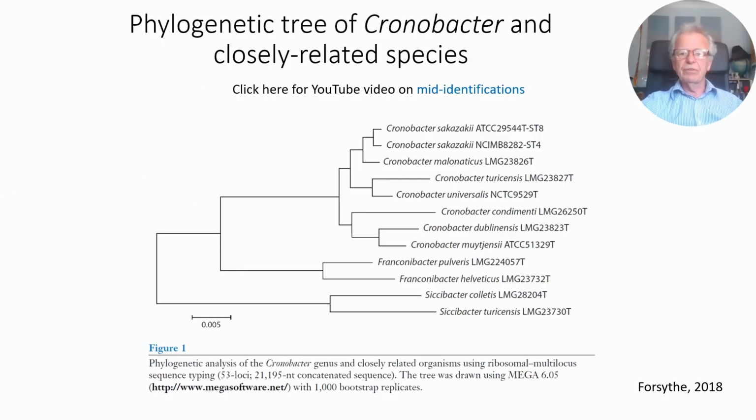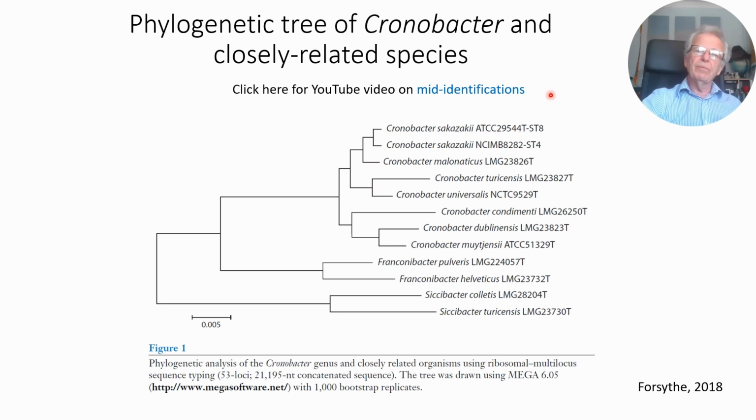Now, one of the things to consider about why we want to do this is because the Cronobacter genus is now recognized as being composed of 7 species. We've got closely related genera of Cronobacter and Siccibacter, and one has to be very careful about what identification methods one uses.